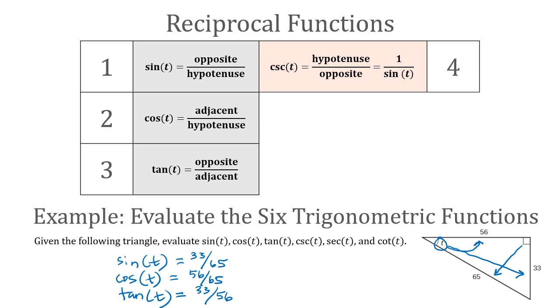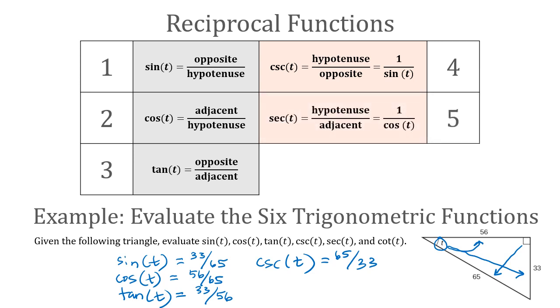We know that the sine and the cosecant are reciprocal functions, and so the cosecant is going to be, instead of sine, which was opposite over hypotenuse, cosecant is going to be hypotenuse over opposite. And if I've already determined what the sine is, which I have, all that I have to do is reverse the numerator and the denominator. So the cosecant of angle T is equal to 65 over 33.